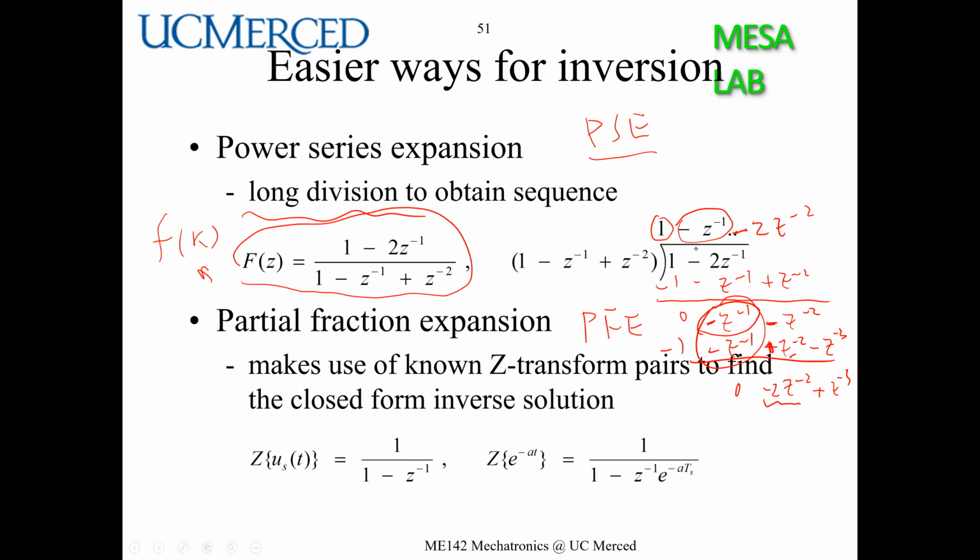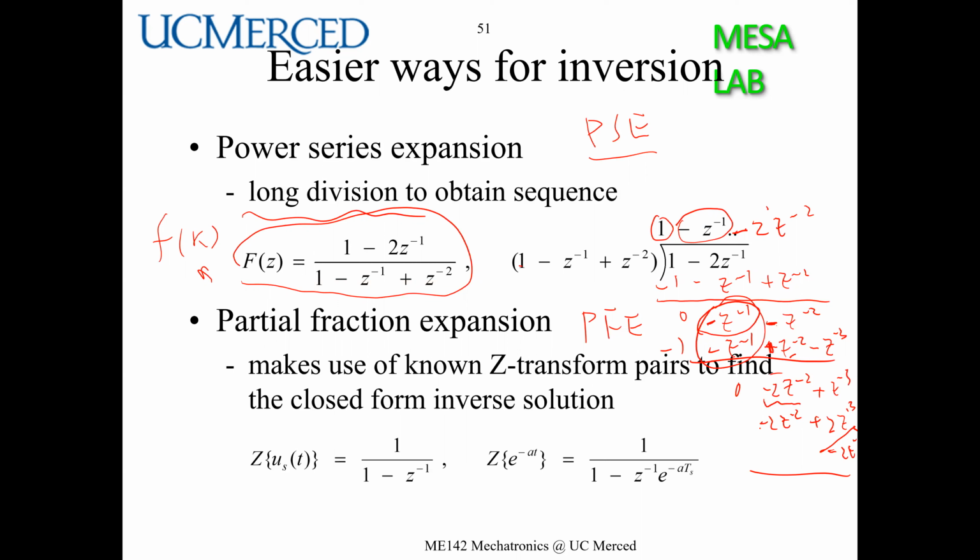So you put it here, this guy times this guy is minus 2z^-2, but here you got a positive 2z^-3. Do you see what I'm doing? Then what I'm going to get is minus 2z^-4. I don't have space in here. Let's continue.